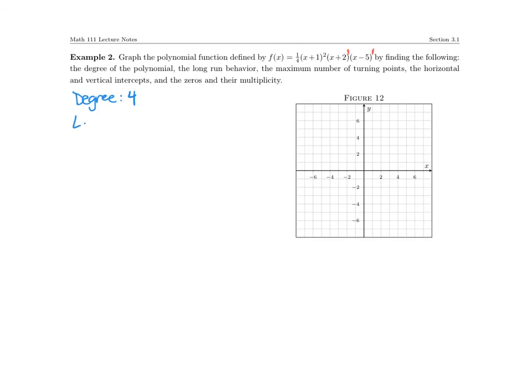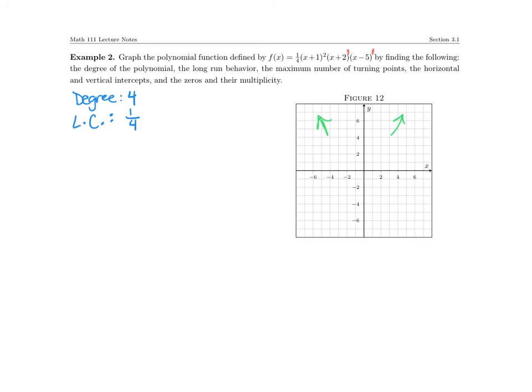And then the leading coefficient, or the number out in front, is 1/4, and that's positive. So even though it's a fraction, it's positive. So both of our ends are going to be facing upward, so something like this.